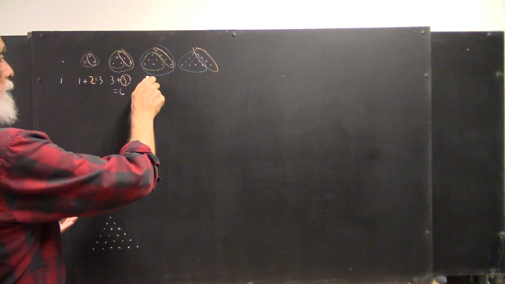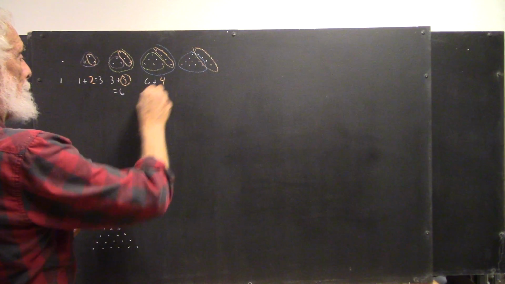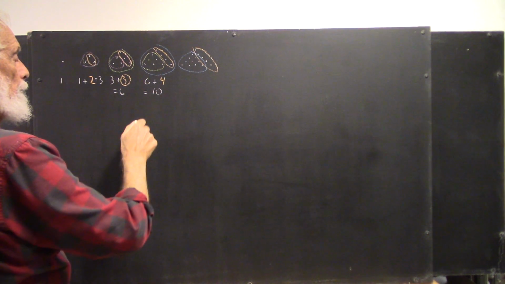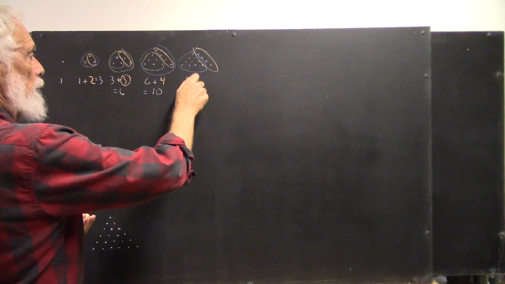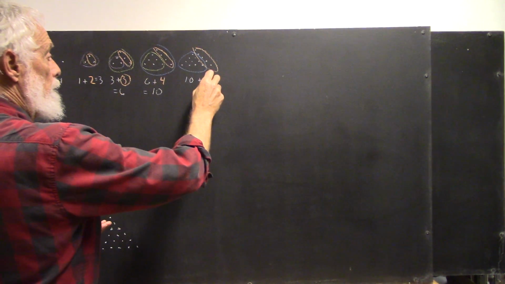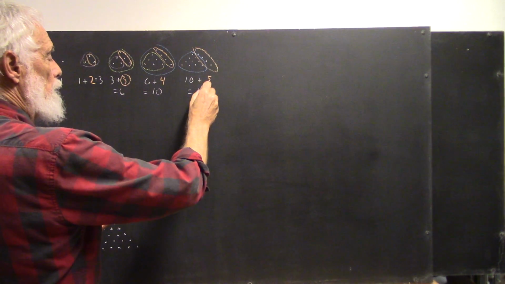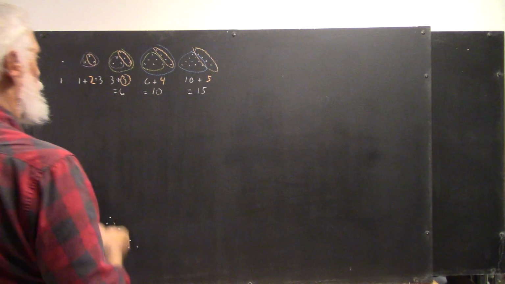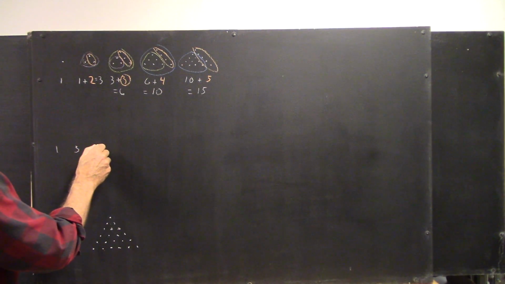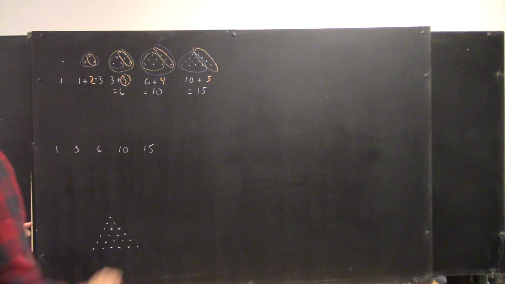And then we have 6 plus 4, which is 10. And then we have 10 plus 5, which is 15. So our total numbers go 1, 3, 6, 10, 15.